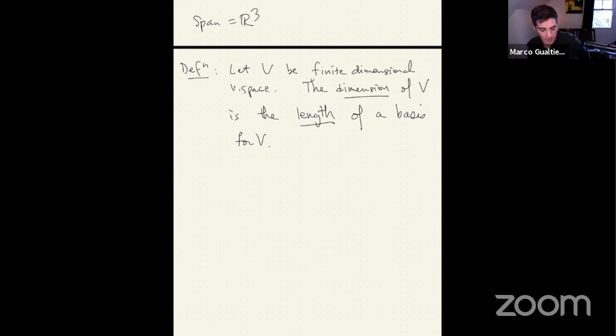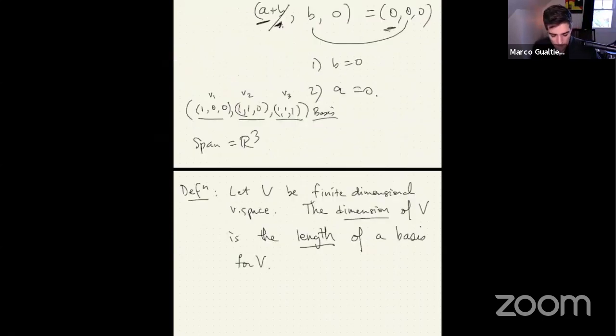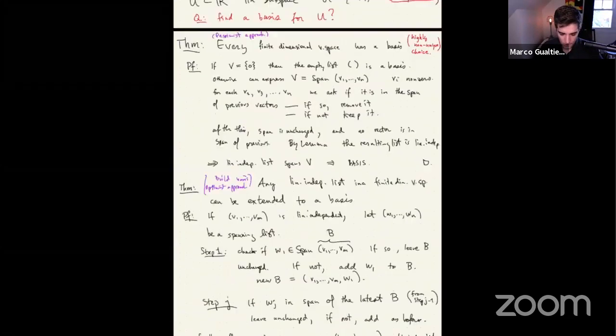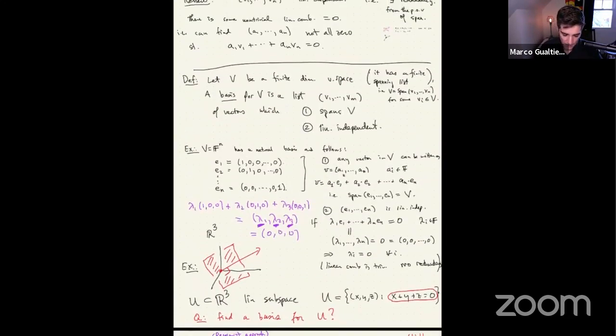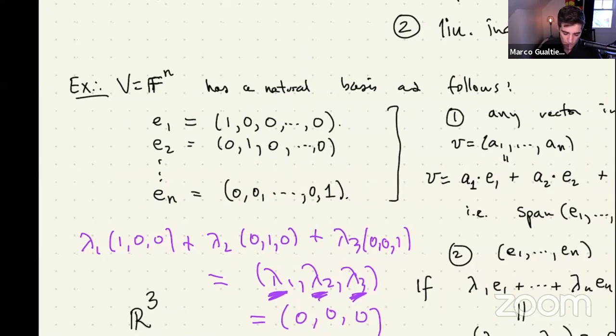So for example, the zero vector space has an empty list as a spanning set, as a basis. So it would have length 0, and so it would have dimension 0. On the other hand, for F to the n, we see that we have constructed a basis E1, E2 up to En, and the length of the basis is n. So we say that F to the n has dimension n.